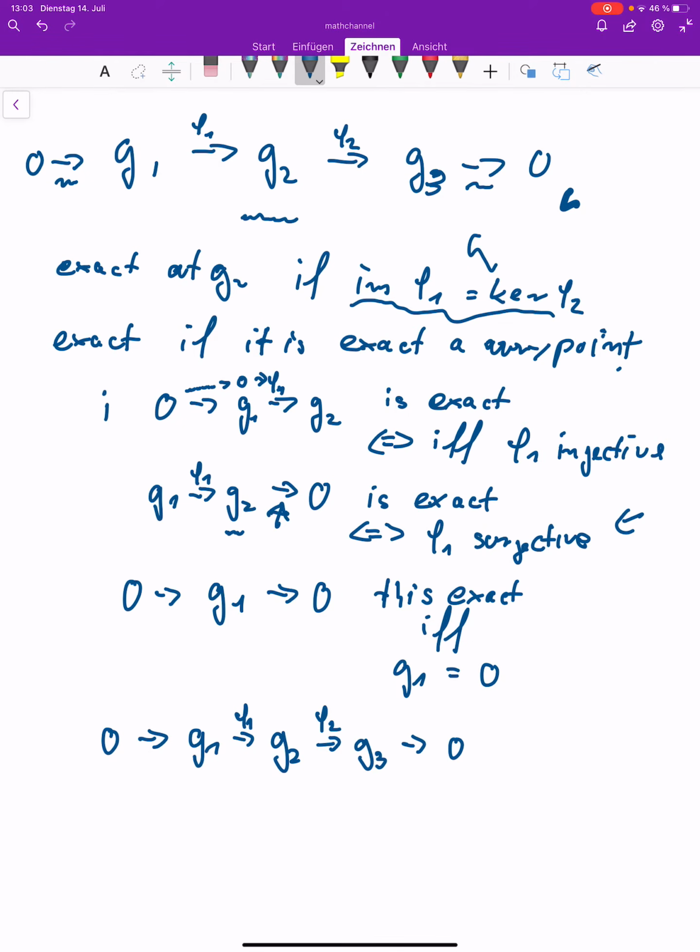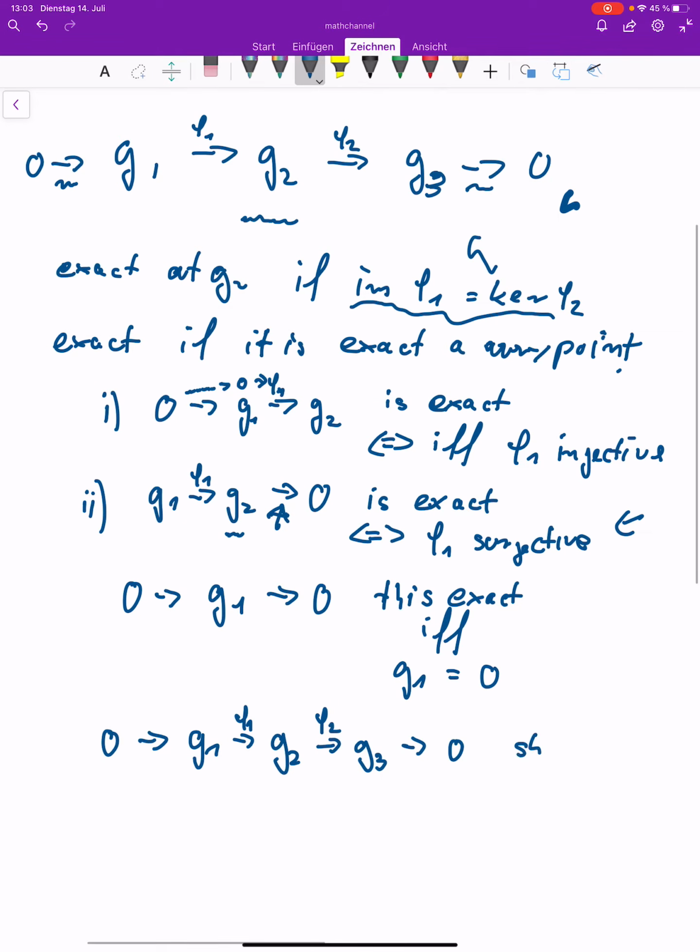So this one here, let's call it statement 1, and this one here is statement 2, to conclude that this is called a short exact sequence.